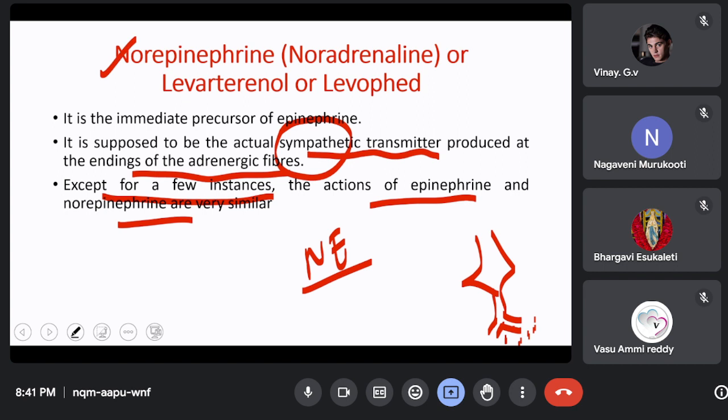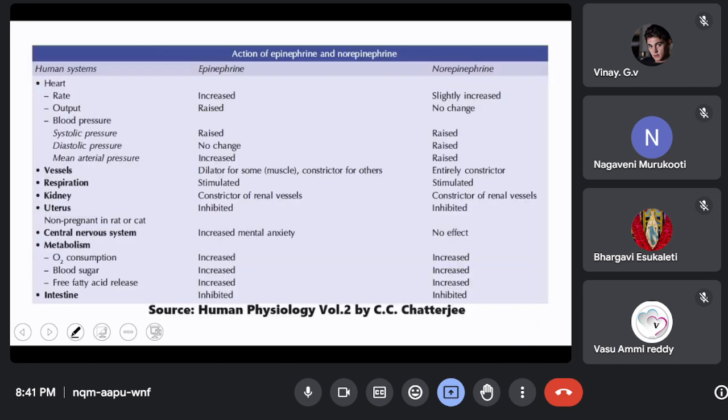So norepinephrine and epinephrine have the same functions. Hence, epinephrine was previously also called a sympathomimetic compound. Okay. So these are the different activities of epinephrine and norepinephrine.